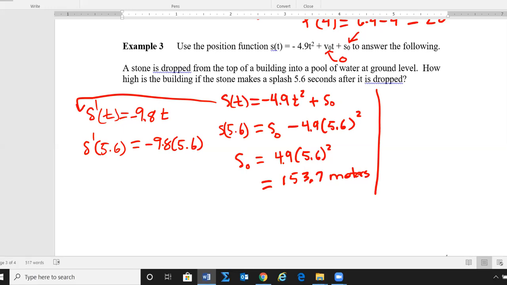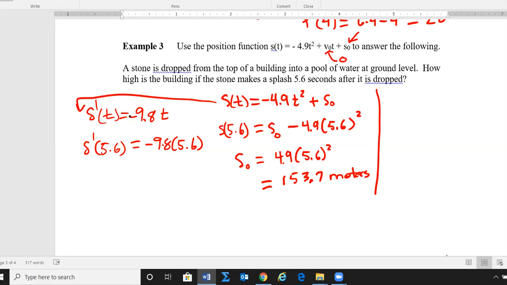So we found the height, but this is an extended question here. What would the speed of the stone be when it hits the water? We would have to find the derivative of this function, the rate at which the position is changing. That would be the speed.